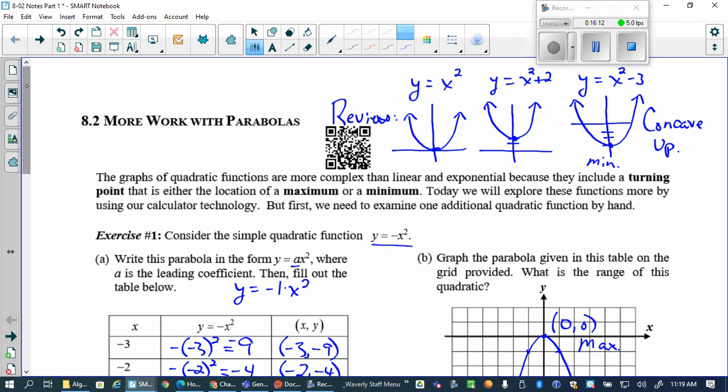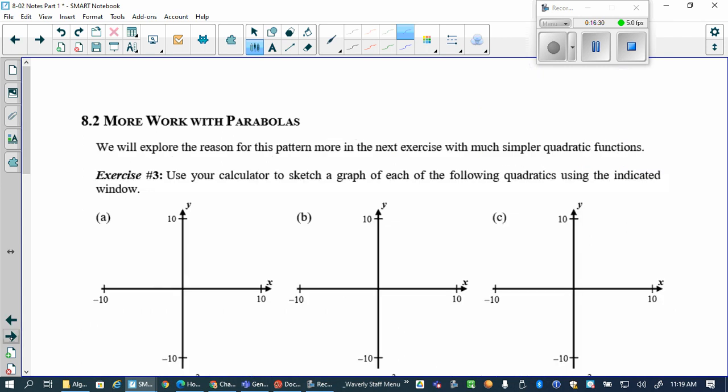It moves the vertex up and the whole graph up and down. Oh, yeah. Right. And if we have a negative in front of the x squared, what does that do to the graph? Yeah, it reflects it, makes it concave down.